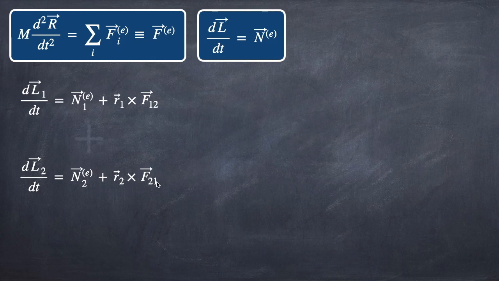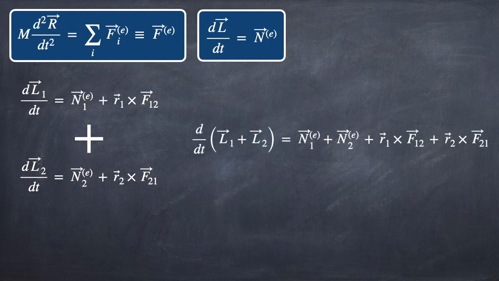And we are going to add these two equations. So in the left-hand side of the equation, we have the time derivative of L1 plus L2. And here we get the external torque over particle 1 plus the external torque over particle 2, and these two terms, R1 cross F12 plus R2 cross F21.